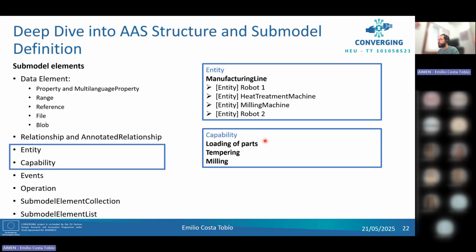You could use this robot in this manufacturing line or in other manufacturing lines to load parts. The heat treatment machine, for example, could have the capability of tempering the parts, and you could use these capability elements to establish reconfigurability, for example, or a lot of different uses.